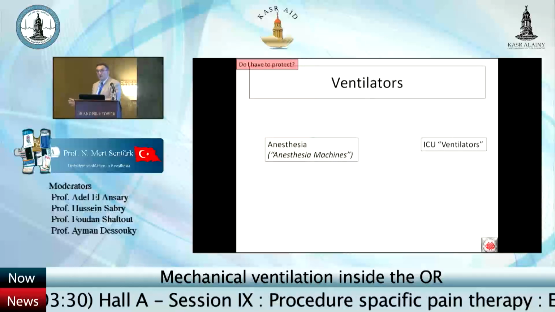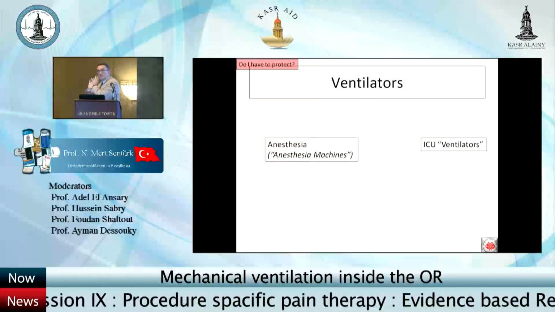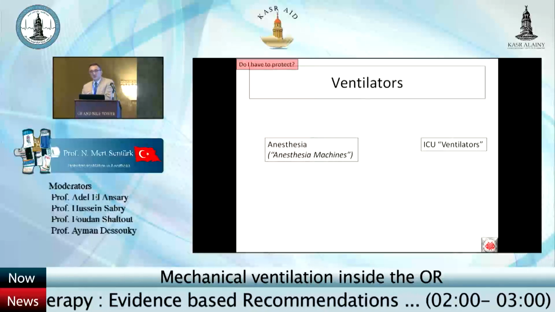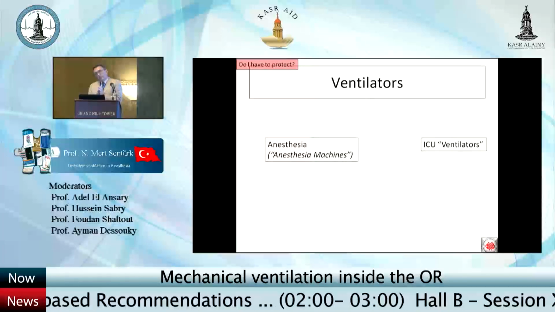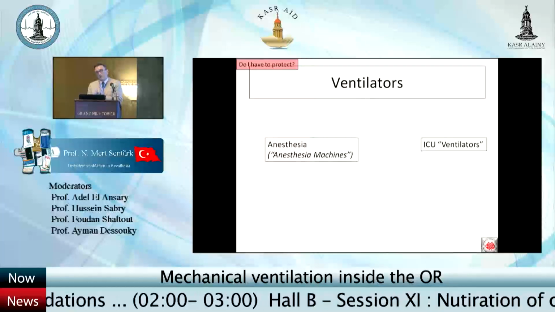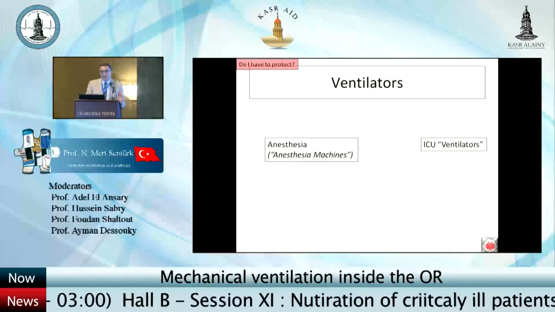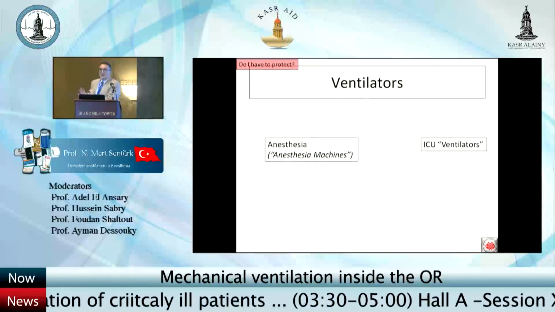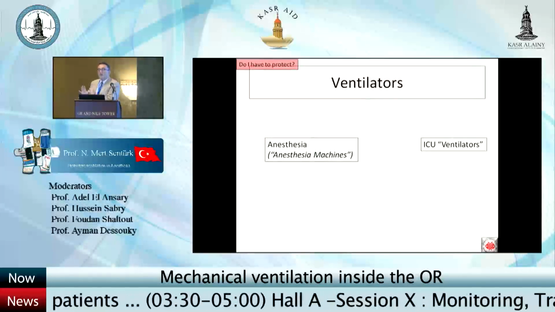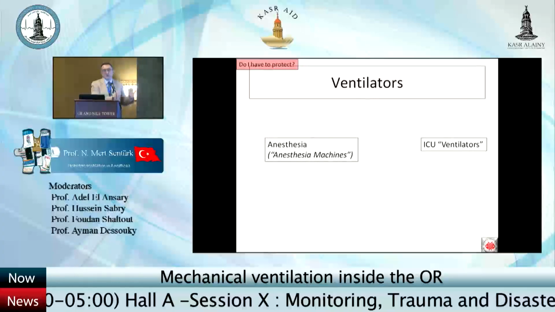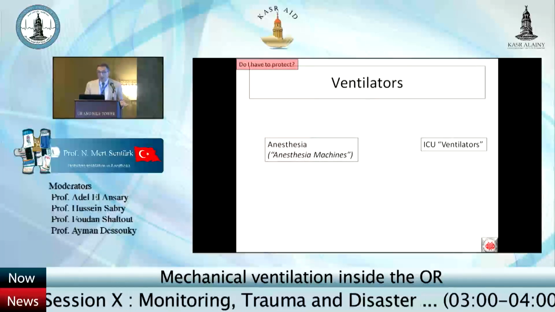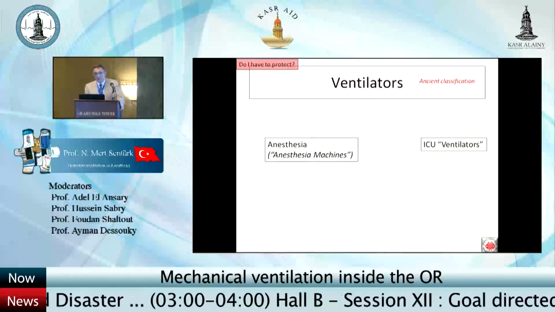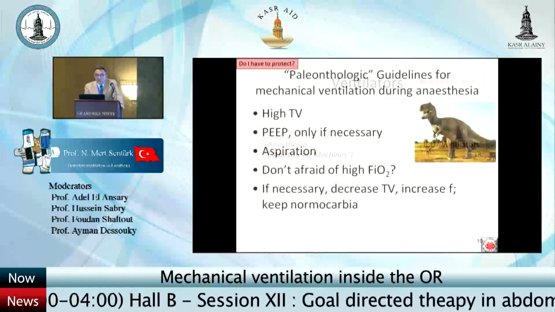In the OR, the devices were different: there were anesthesia machines, because the main target of those apparatus was to maintain the anesthesia. And mechanical ventilation in the OR was not as important as in the ICU. Was that right? It was not so right. Therefore, this is an ancient classification.